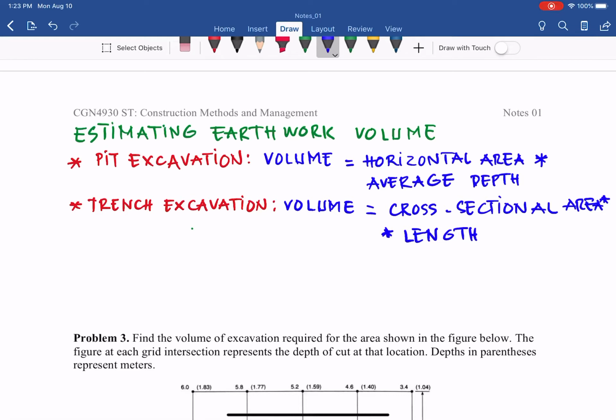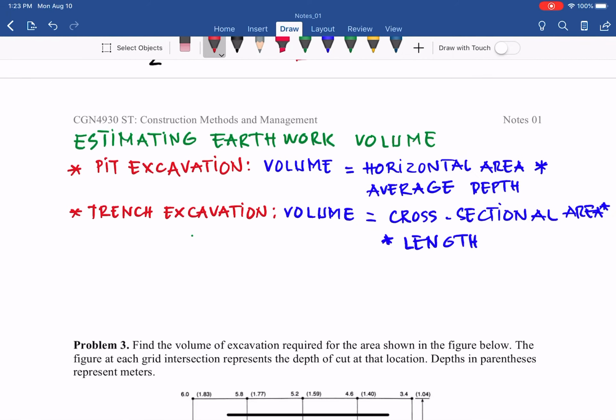Now if we really do the pit excavation with very big areas, how can we determine the volume? Because as you can see, we talk about average depth for the pit excavation in the first equation. But if the excavation depth varies from point to point, how can we determine the average depth?